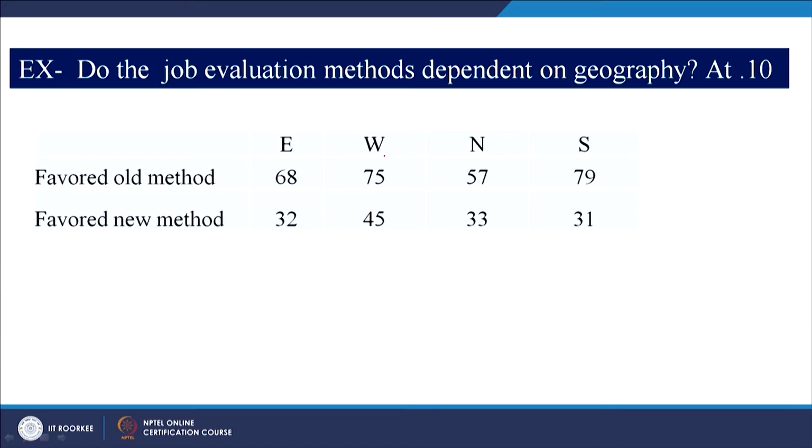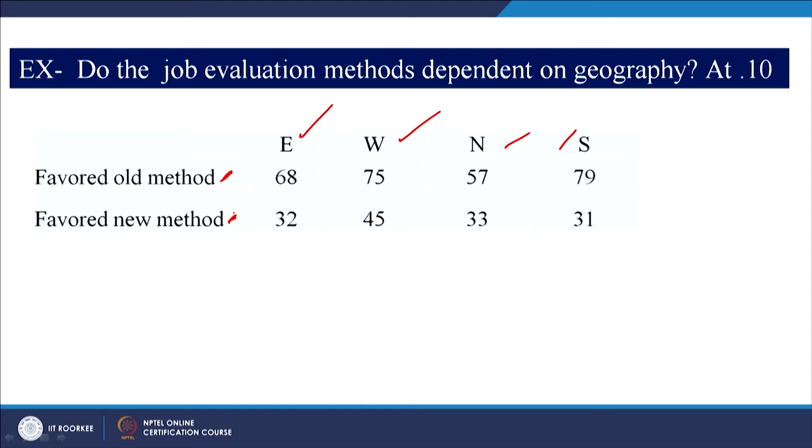So, the question is like this: a survey was conducted amongst nurses of a hospital, in 4 different regions of a country, east, west, north and south, and they were asked whether they would like to have salary every year, which is the old method, every month, or twice in a month.